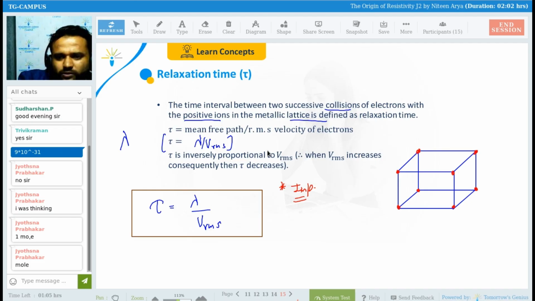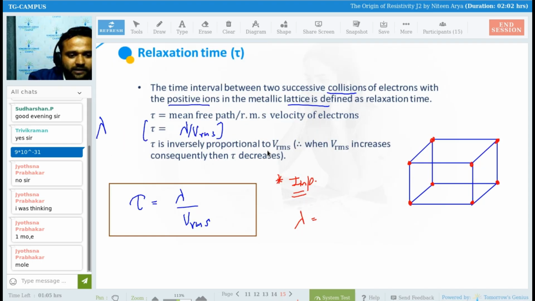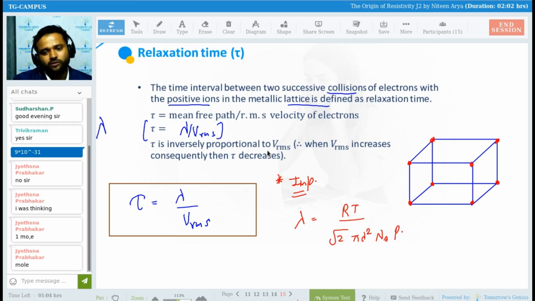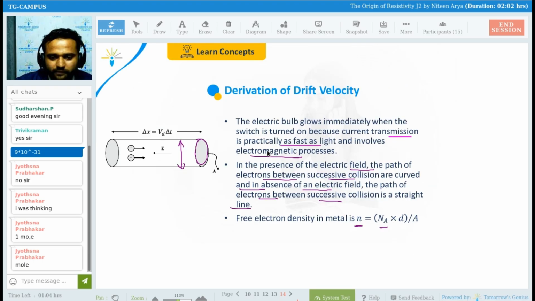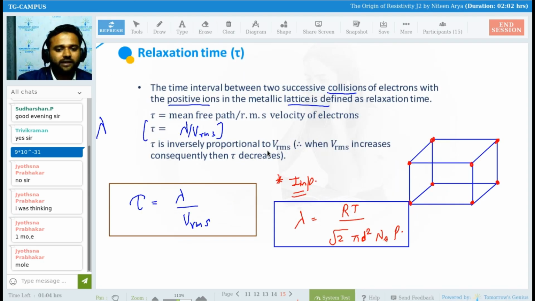So there are n number of formulas, but one related from the KTG is this. Here P is pressure, R is universal gas constant, T is temperature, root 2 and pi are constants, and d is the distance, which we get from the symmetry of the lattice. So that is your mean free path, and that is your VRMS.